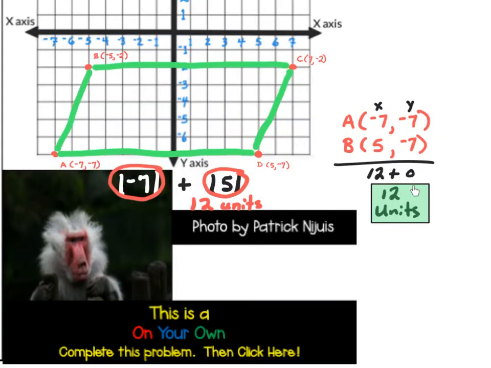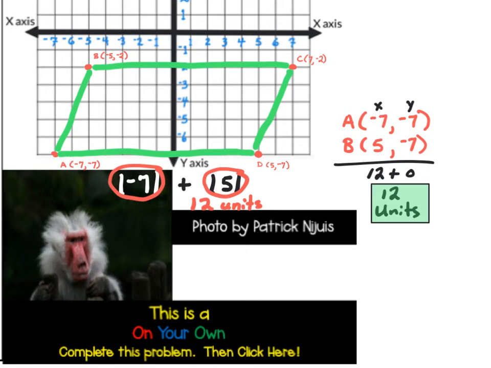But wait 1 second, because I want you to see what's happening with the coordinates here, okay? So here I have A, which is -7, -7, which is represented right here with this point. And then I have B, which is 5 and -7, or 5, -7, which is represented right here with this point and these coordinates. Now, as you see, this column here is my X column, okay?